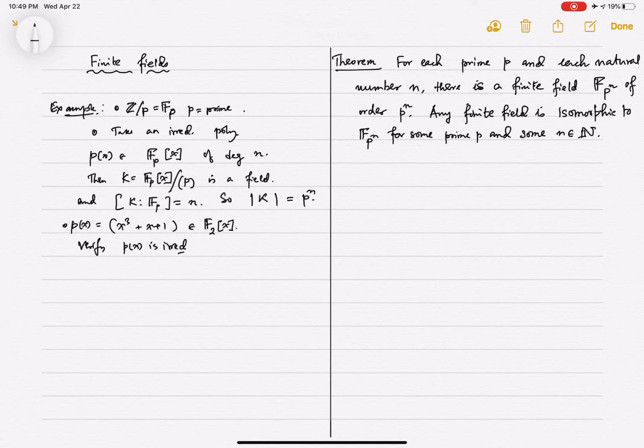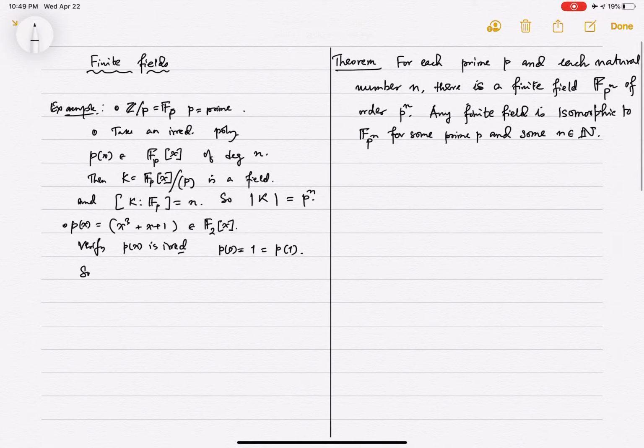That's super easy to verify. If it did factor, it has to factor as a degree 1 times a degree 2, because P(x) has degree 3. And if it has a degree 1 factor, then it would have a root in F_2. But this certainly does not have a root in F_2. See, P(0) is 1, but P(1) is also 1 plus 1 plus 1, which is 1. So it doesn't have a root, so it's irreducible.